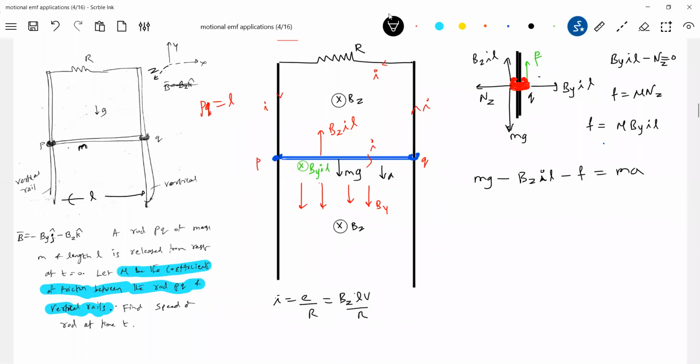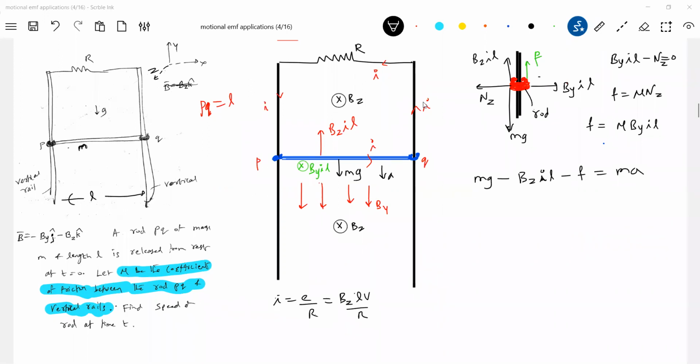The rate of change of flux is due to the Z component of the magnetic field. The resultant is what I'm showing. I can't draw so many diagrams. The resultant on the rod I'm showing, that's why. Is it okay? Fine. It's only the resultant. I'm just saying that the red color is the rod.